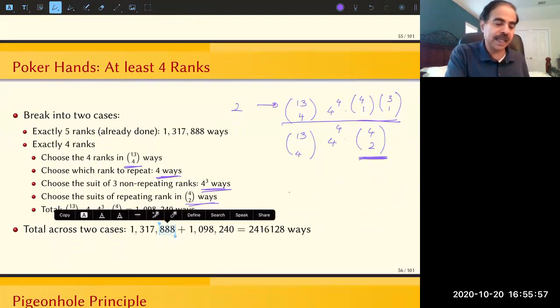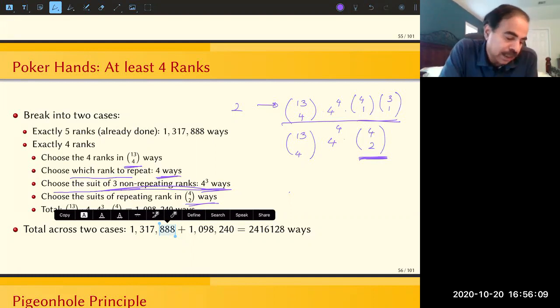or simply treat the problem of choosing the suit of the non-repeating rank separately from the suit of the repeating rank.